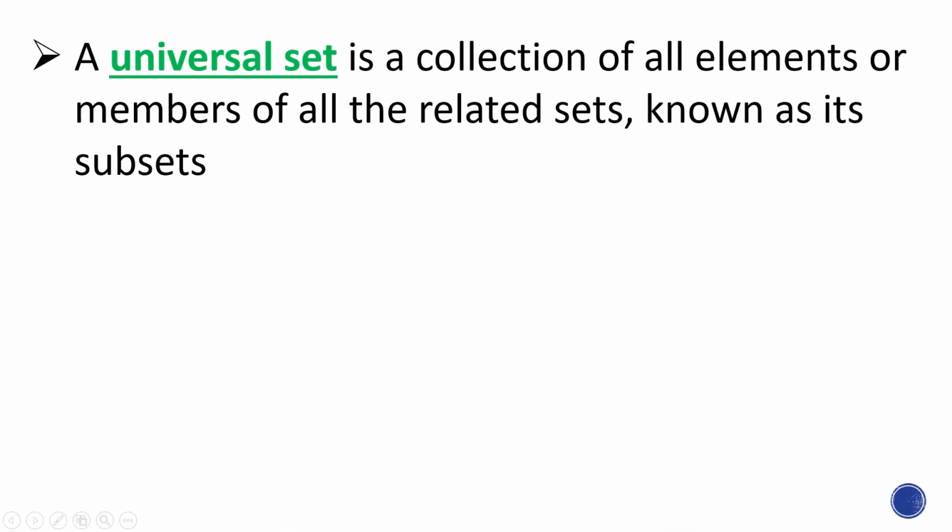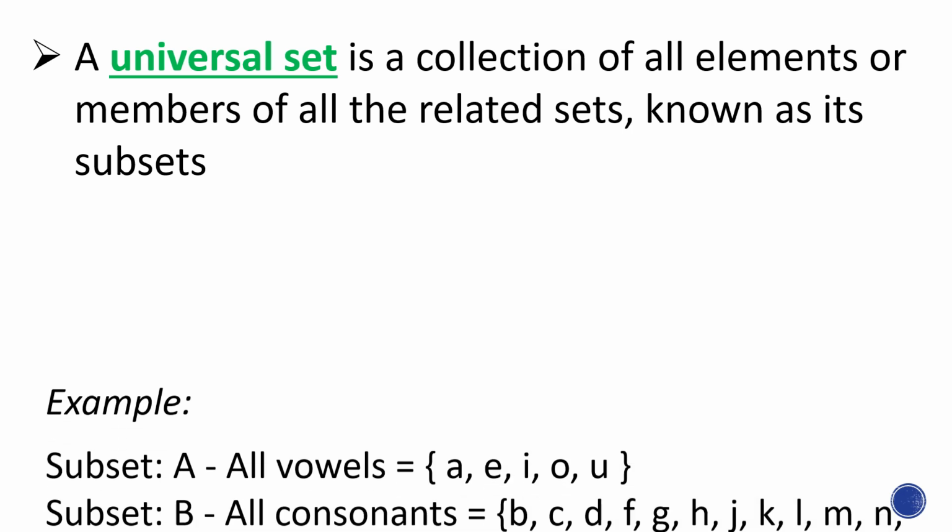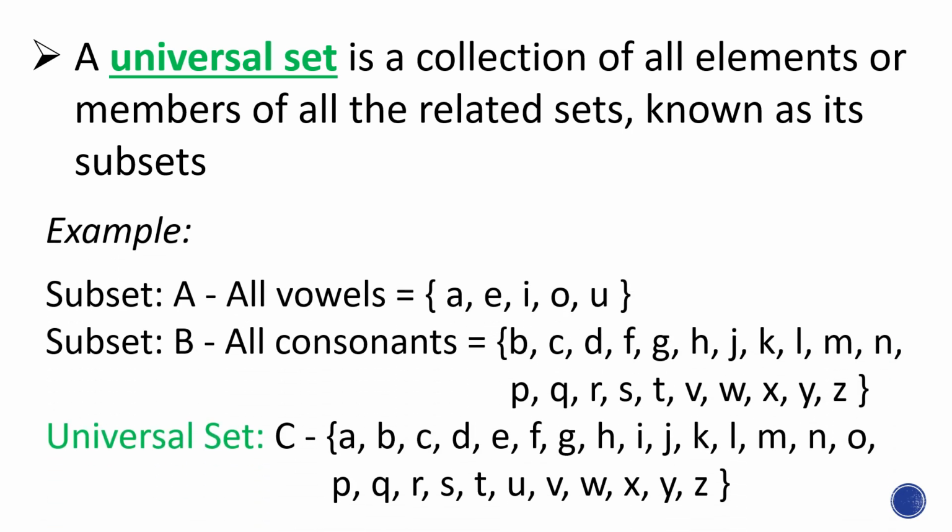Alright, so here we have a universal set. How do you define this one? A universal set is a collection of all elements or members of all the related sets, known as its subsets. For example, okay, so here we have a subset A. We can consider that also a set A, and let's say that's all the vowels: A, E, I, O, U. And let's say we have a subset B. Again, we can also call that a set B, and that is all the consonants.